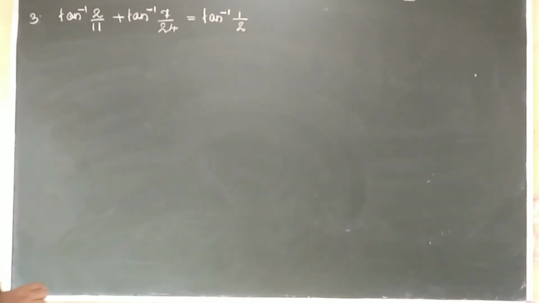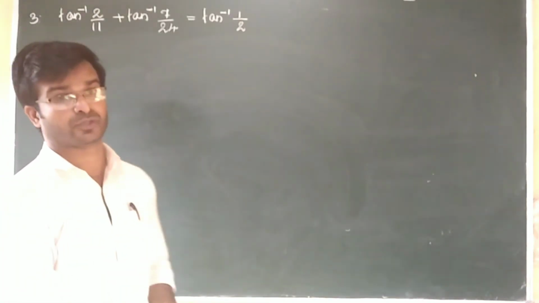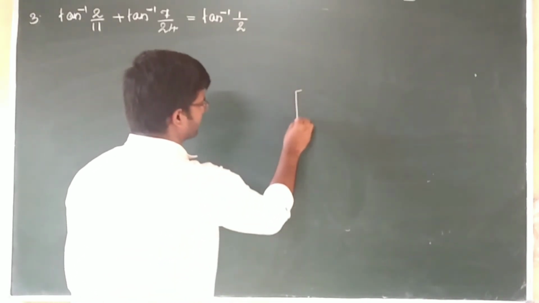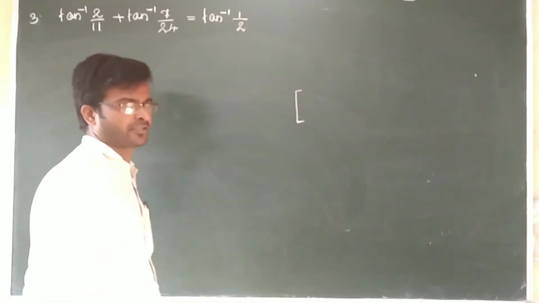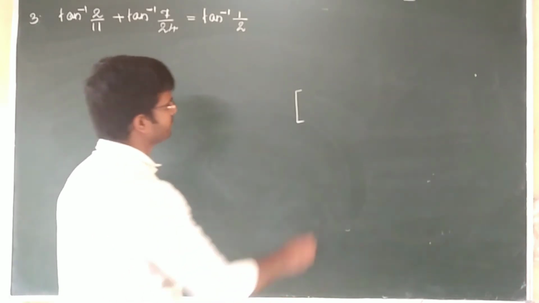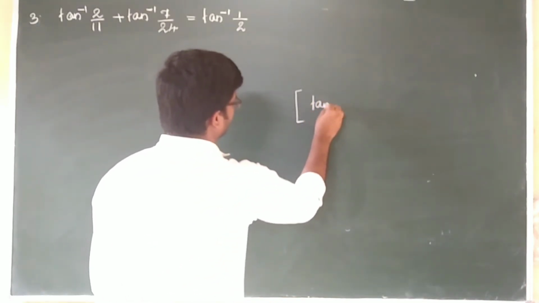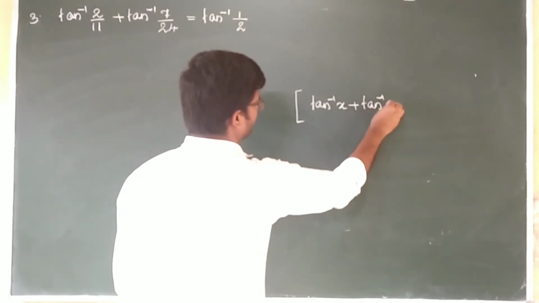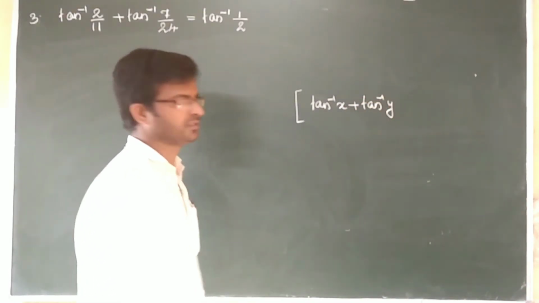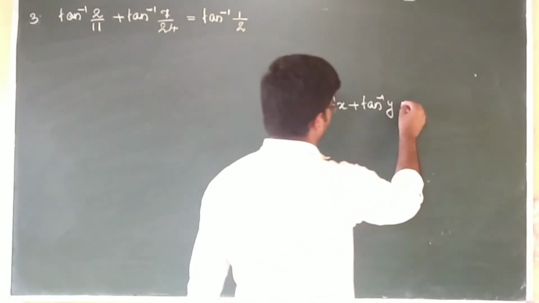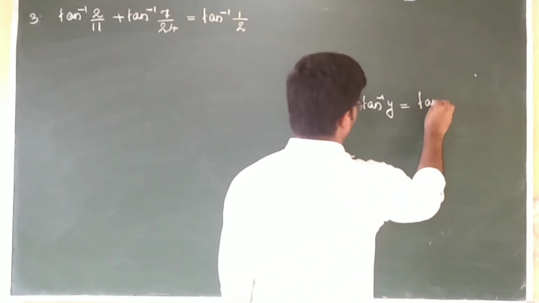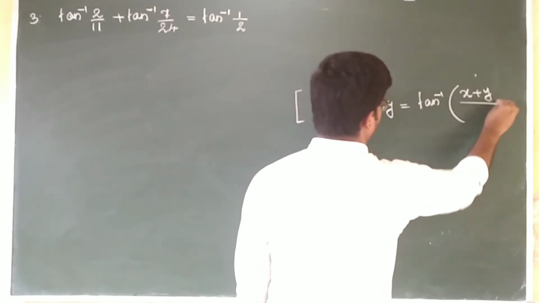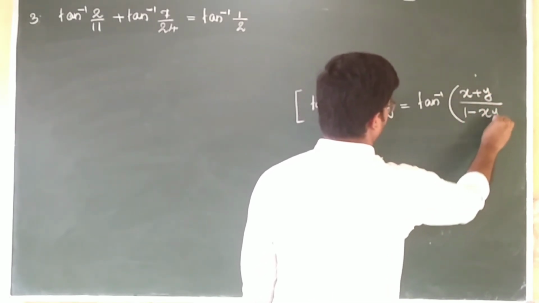In this question, we are going to use one property. That property was already studied in the introduction of exercise 2.2. Tan inverse x plus tan inverse y, we can write as tan inverse of x plus y divided by 1 minus x into y.